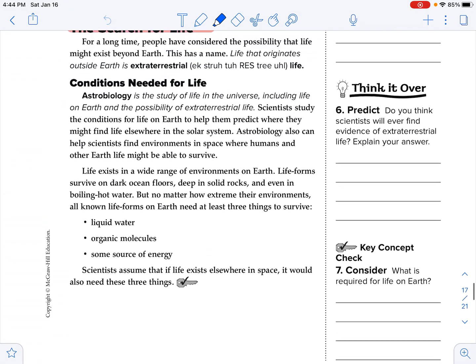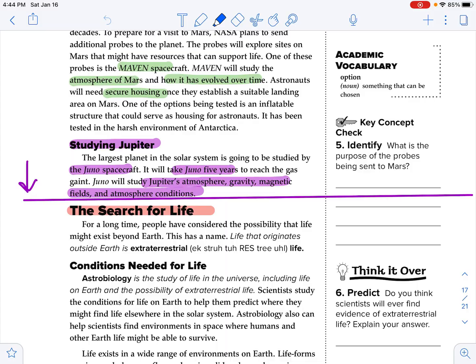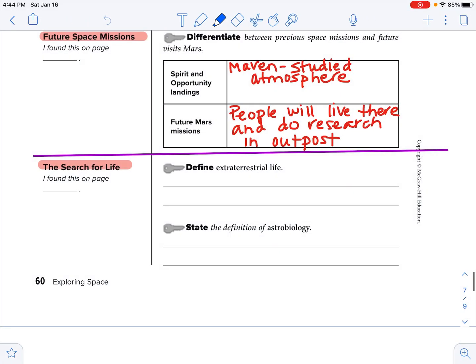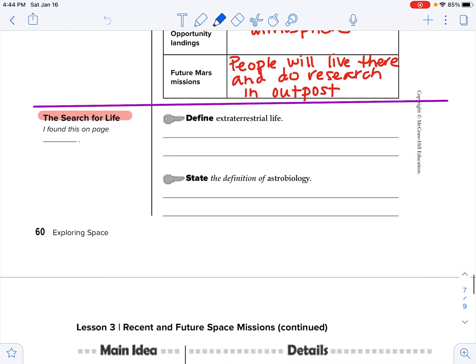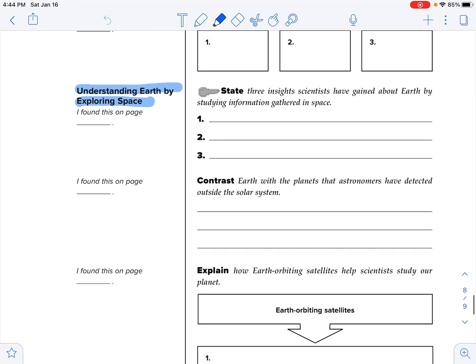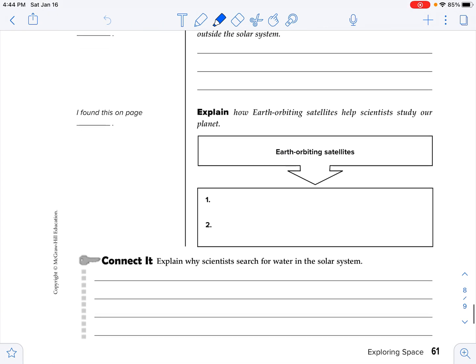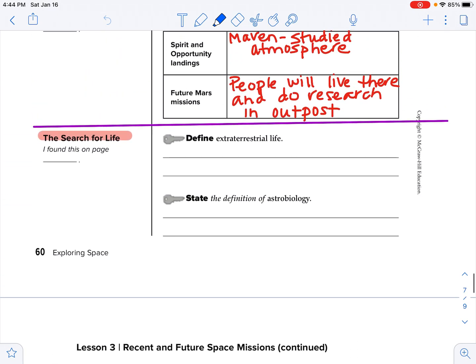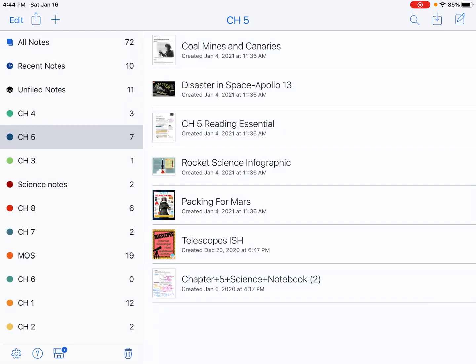So blue and red. Let's go to our notebook, and there is search for life in red and understanding Earth by exploring space in blue. Okay, so we're ready to get started.